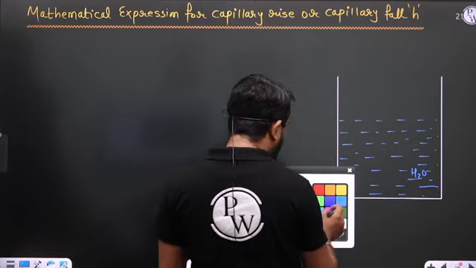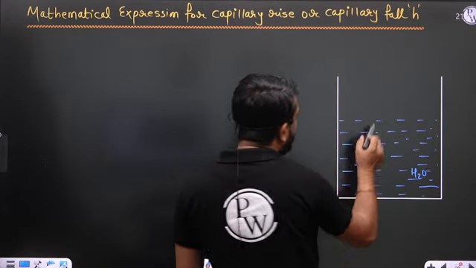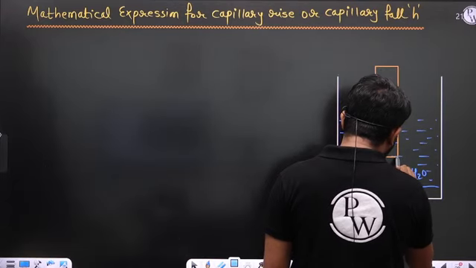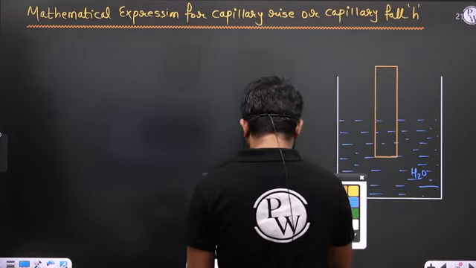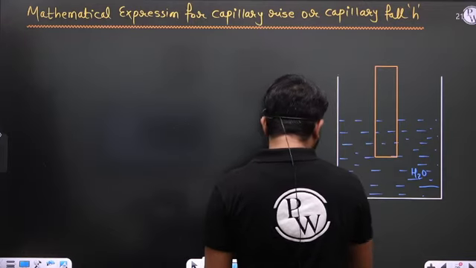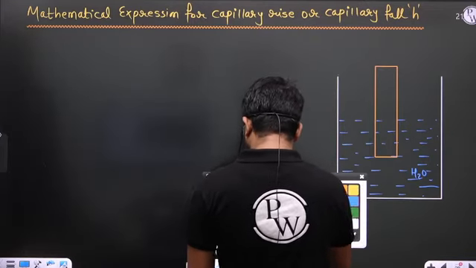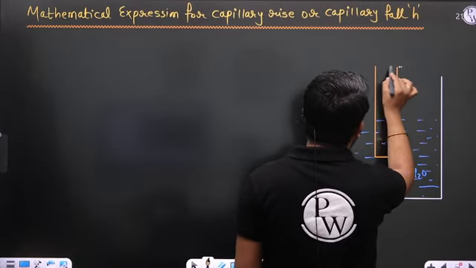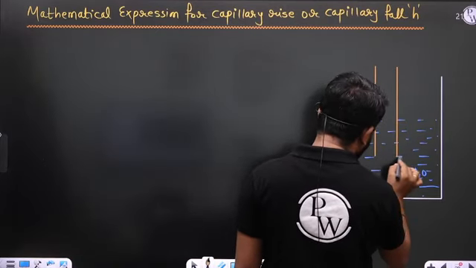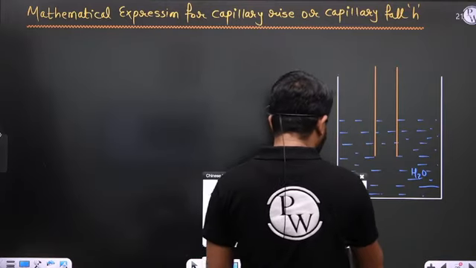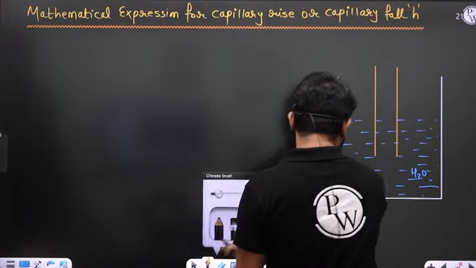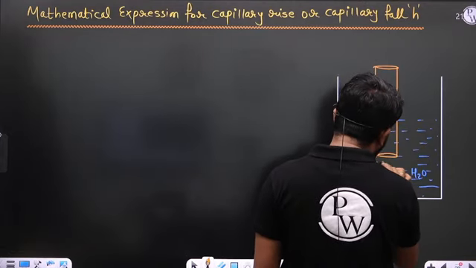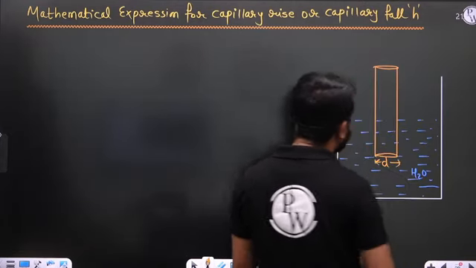This is the narrow or small diameter glass tube, and this diameter is small d.